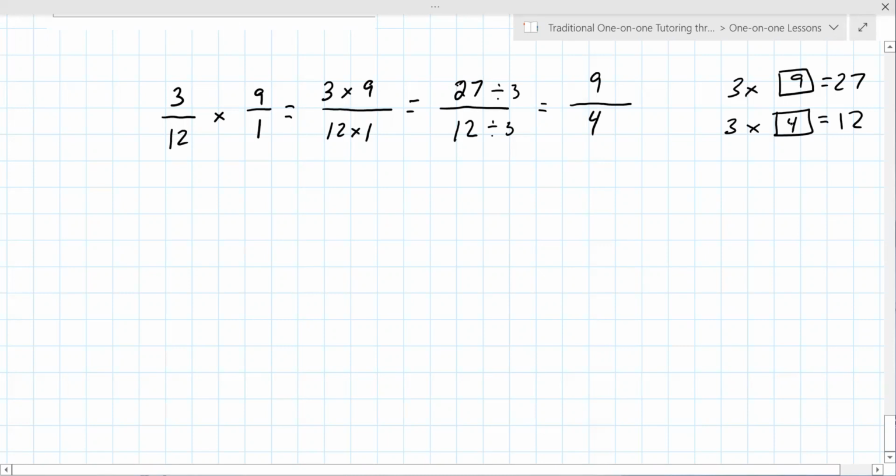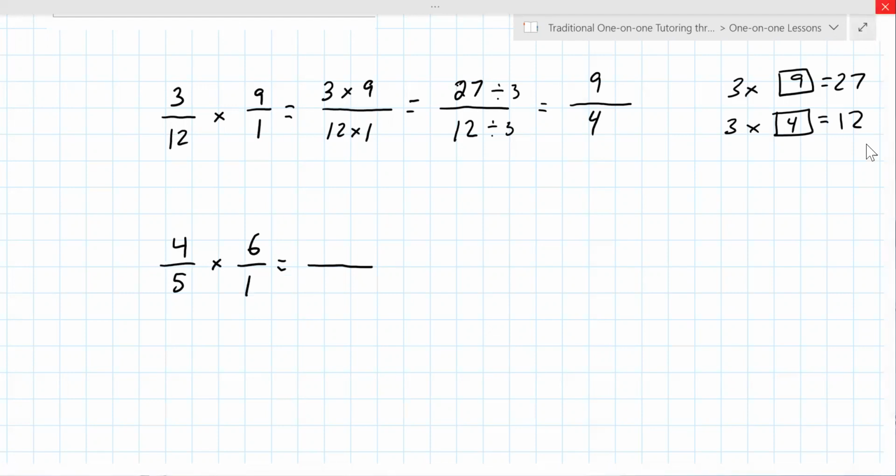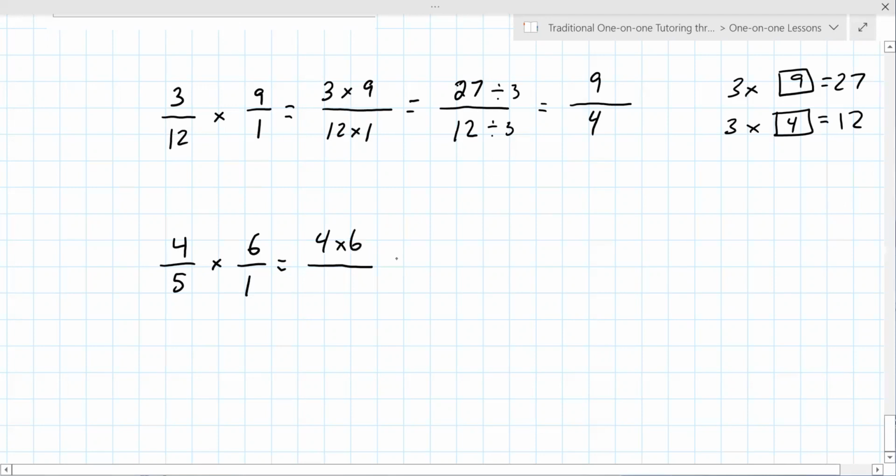Okay, let's try another problem here. What is 4 divided by 5 times 6 divided by 1? So you start at the top. That's right. 6 times 4 is 24.